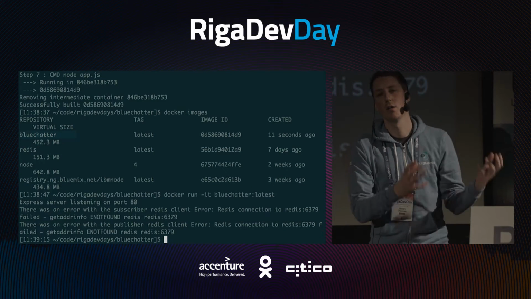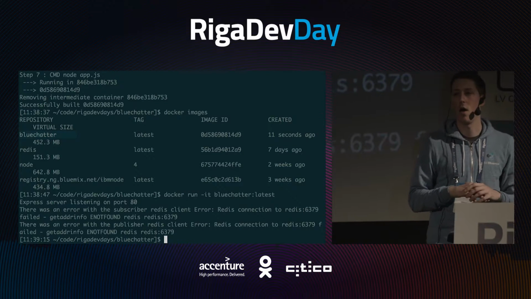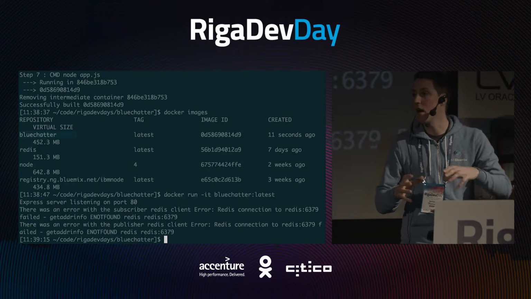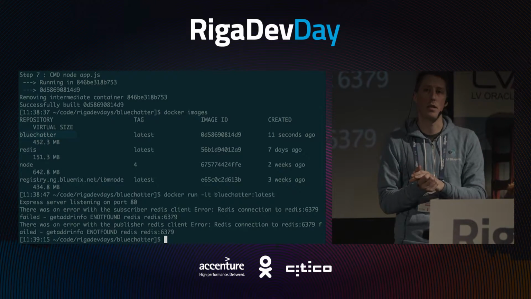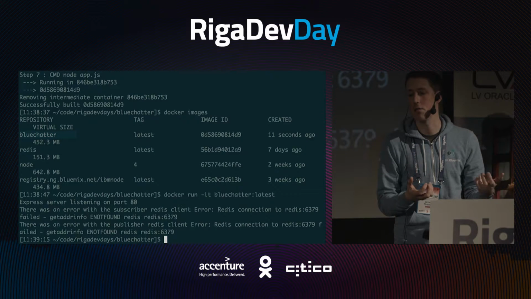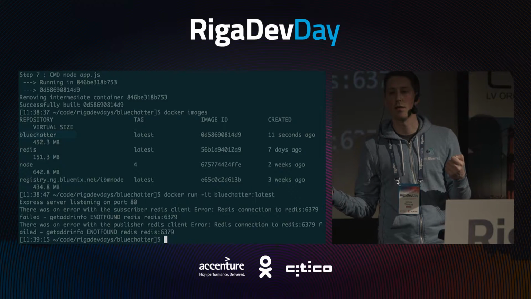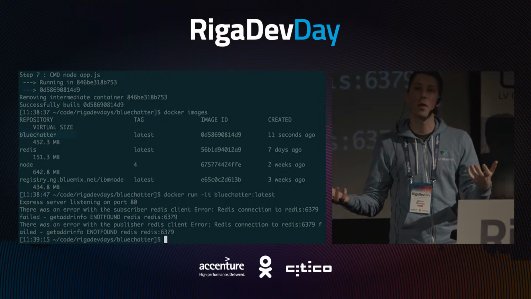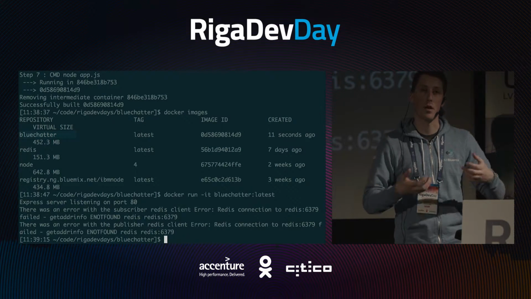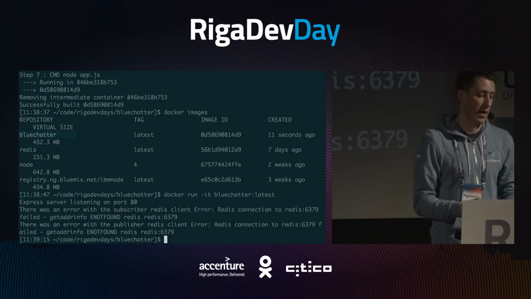I could start a new project and configure a new Docker file and work out how to get Redis installed, and that would work, and work out how to link them together. But I said one of the good things about using Docker is that there's a huge community around it, and people have already done a lot of the hard work for you, and I can use Docker Hub to pull Redis down.